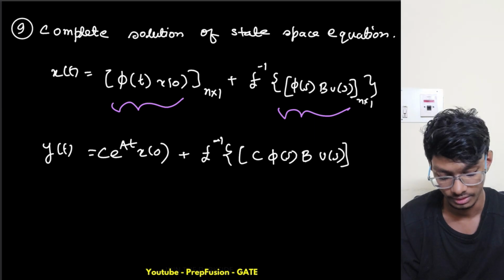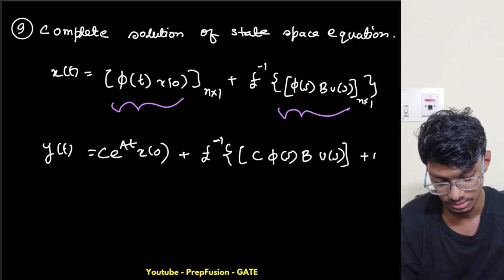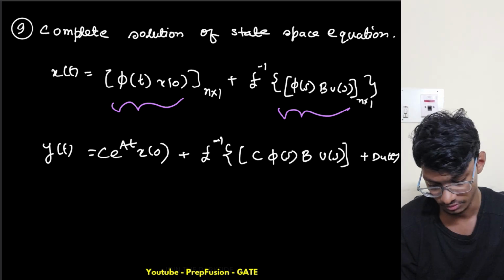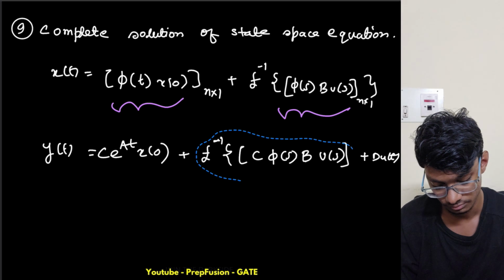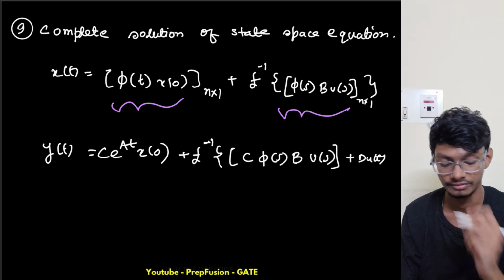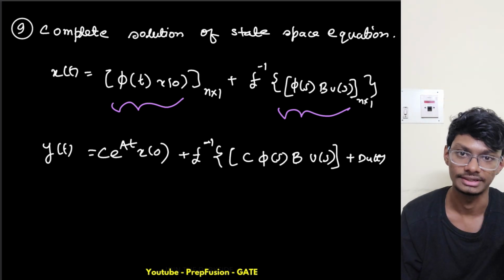And what I will add with this is plus D of u(t). D of u(t) will just remain outside, so it is not an issue. We don't take the Laplace inverse earlier because obviously it will be difficult. We do the Laplace inverse at the end.